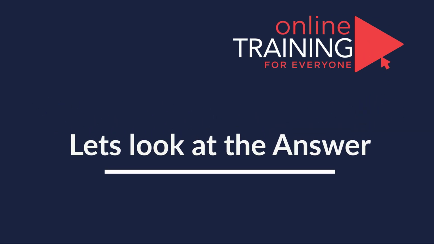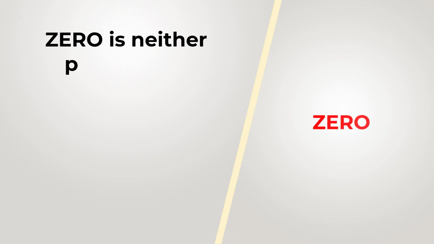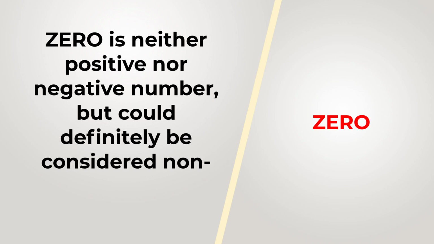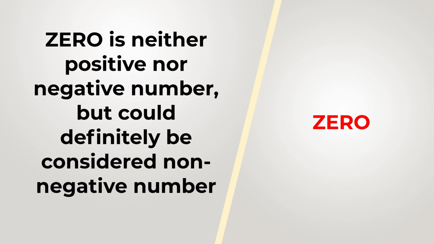A lot of times people get the answer 1, and this might seem true because 1 is positive and all letters are unique. But the actual answer to this question is 0, because 0 is neither a positive nor a negative number, but can definitely be considered a non-negative number. So the correct answer here is 0.